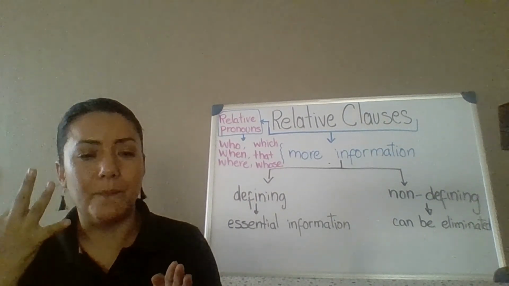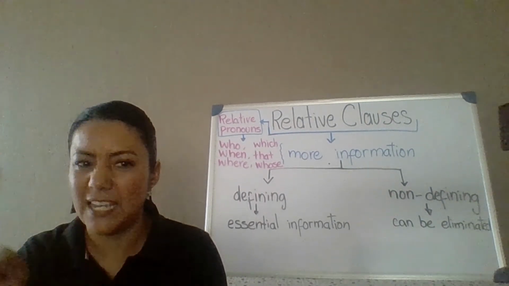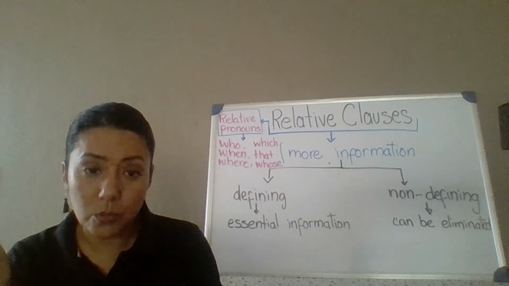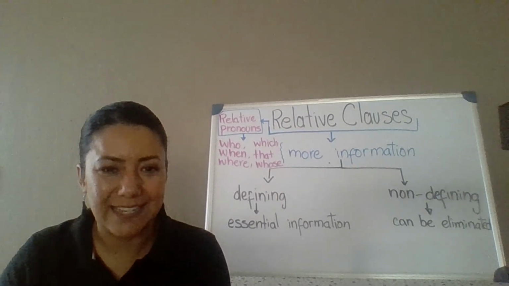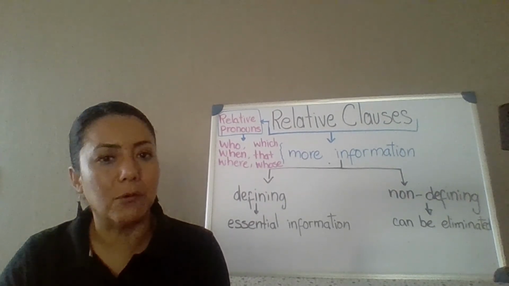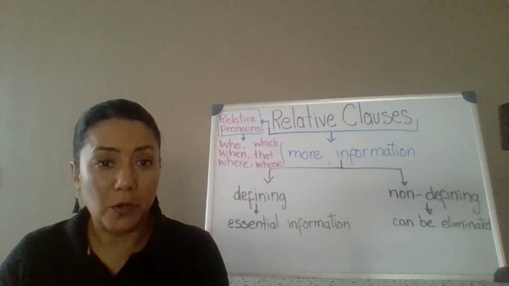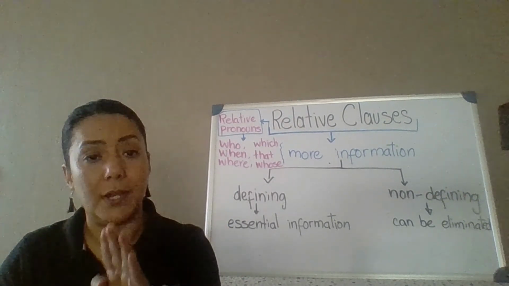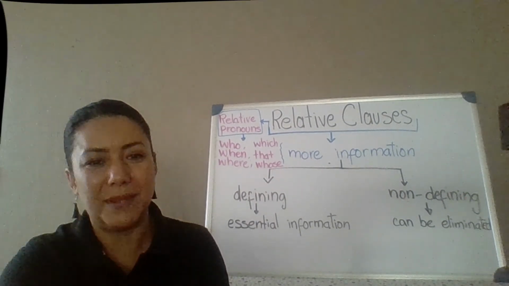You need to read them. Identify the mistakes, what is incorrect, but also you need to check the rules in order to find the mistakes. And then once you find the mistakes, rewrite the sentences, but this time correctly. Okay, I need you to stop the video now, do the work, and I'll see you in a minute.